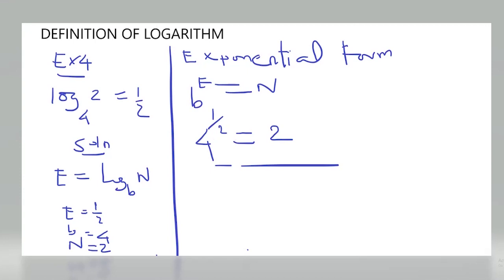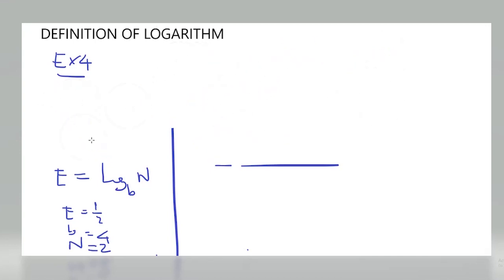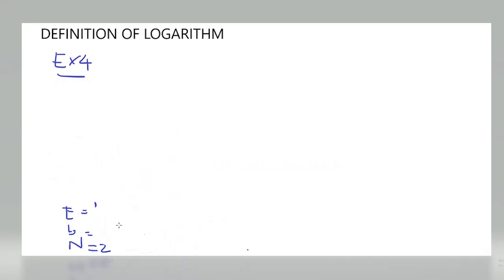Now let me give you another example. Write 0.1 into logarithmic form. Now I need to mix it up. So if you make the question like this, it's example number 5. My dear student, I'm trying to give you enough examples to make you strong, especially if you meet tougher questions.